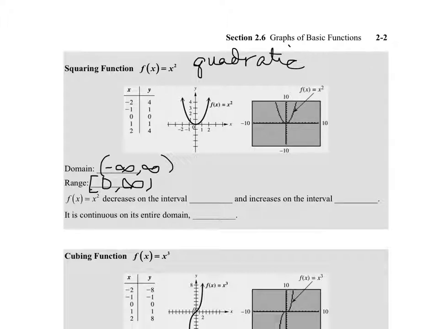Now, this one has a section or an interval that decreases and one that increases. If I pay attention to this graph, moving from left to right, the section that will be decreasing starts from negative infinity and it decreases until 0.